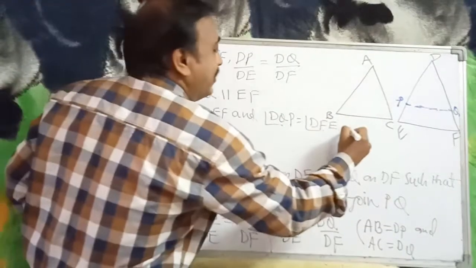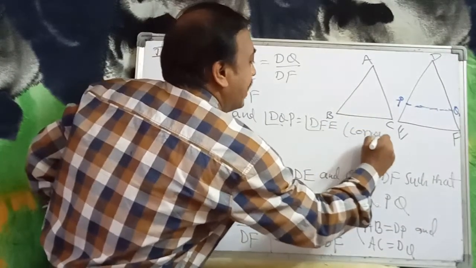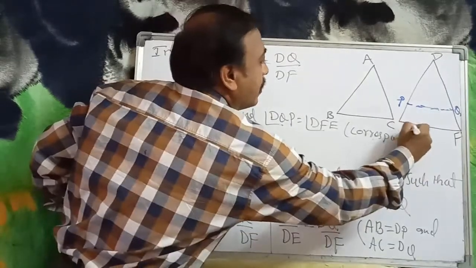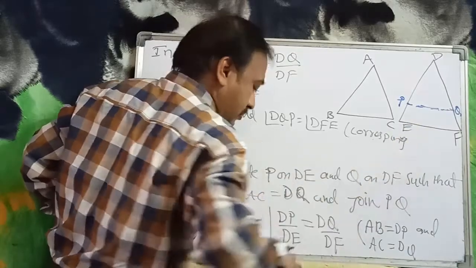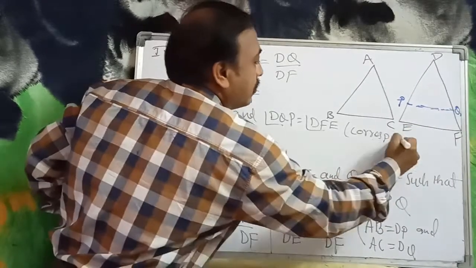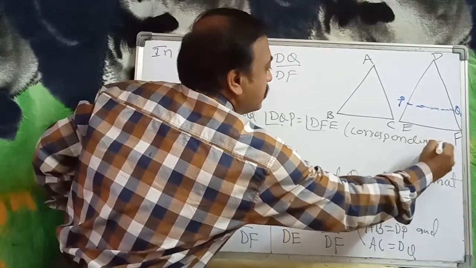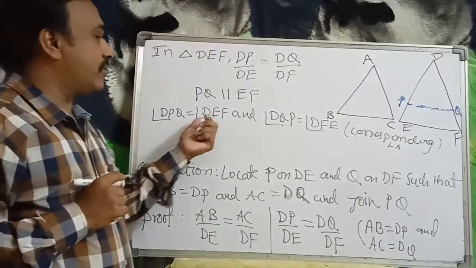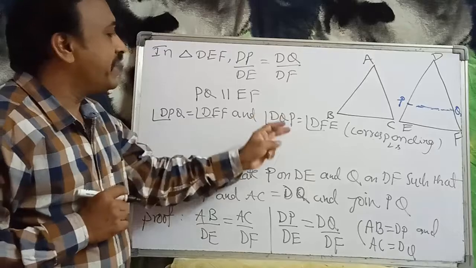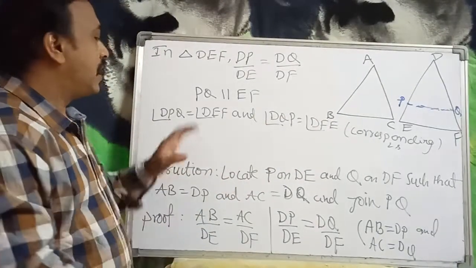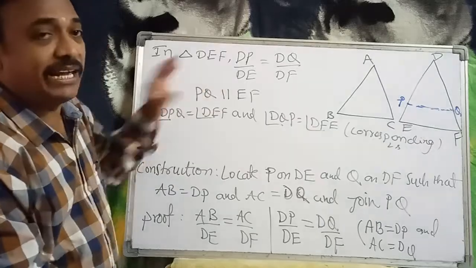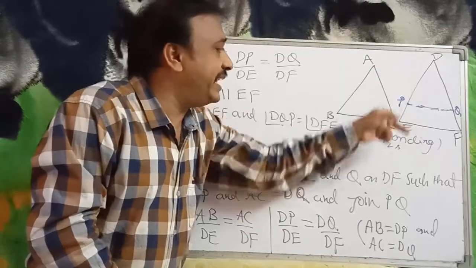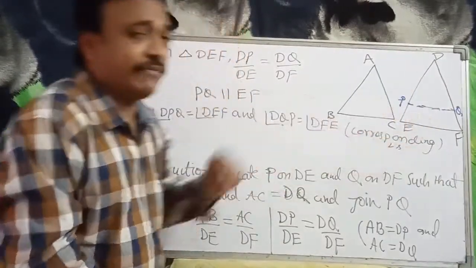These are corresponding angles. Now you see, corresponding angles are equal: DPQ is equal to DEF and DQP is equal to DFE.